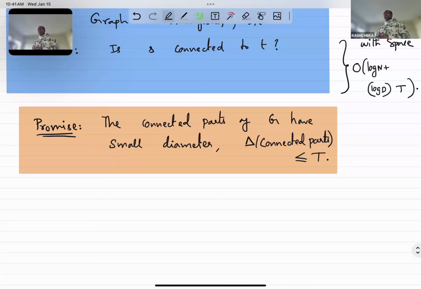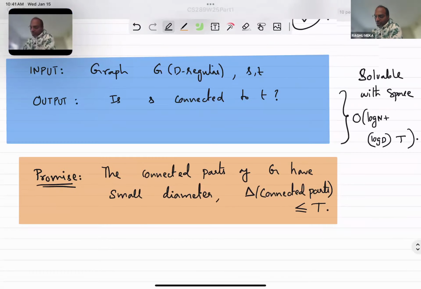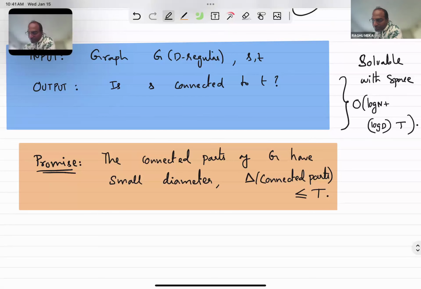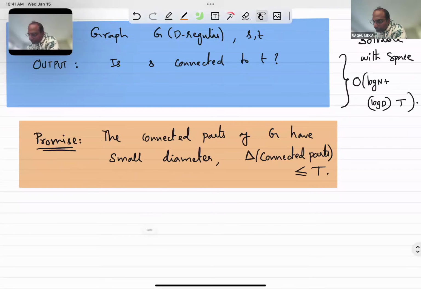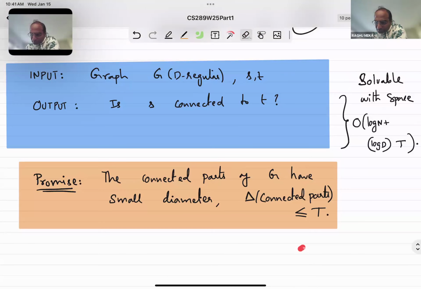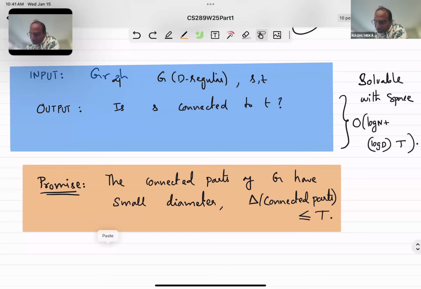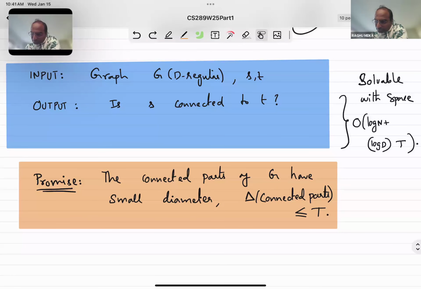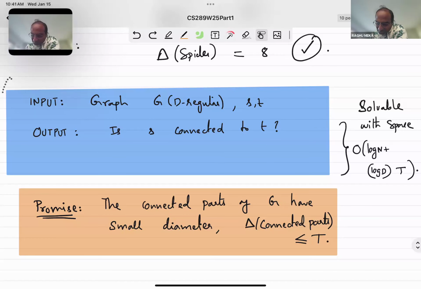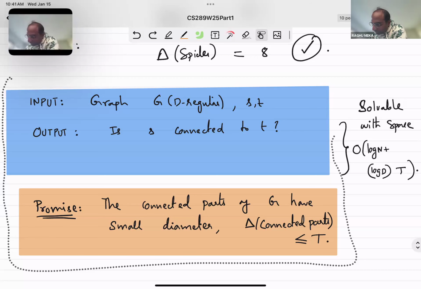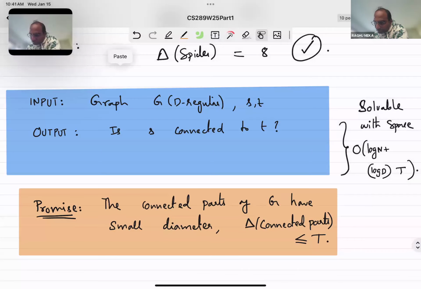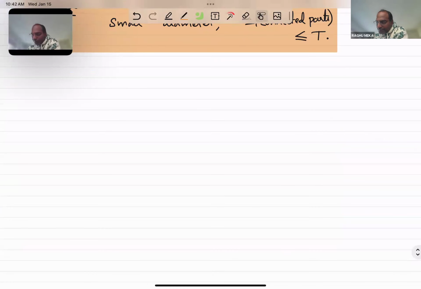So this other quantity is where the spectrum really helps. So let me change this to the form. So this was our first easy case.